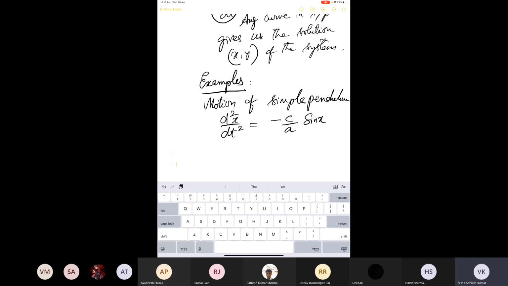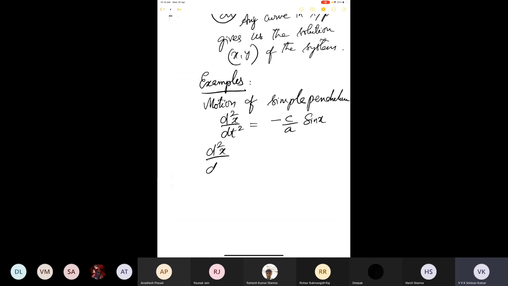Here a and c are constants, and x is the motion, and the acceleration is given like this. Suppose we again have a damping factor given by dx by dt.